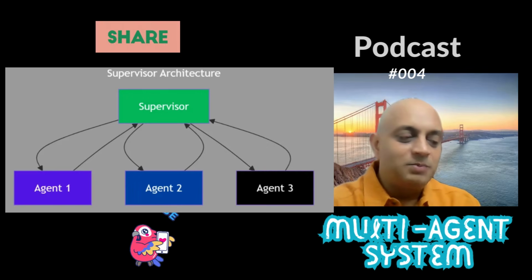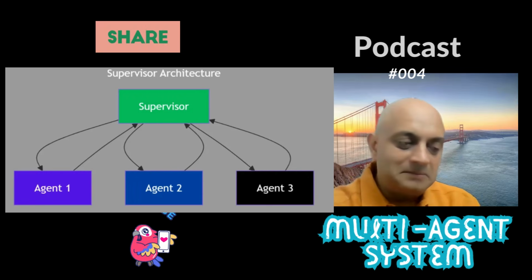It's like a project manager in an office setting. Yes. As in a software project, we have one project manager, and there are many other people who work with the project manager, and the project manager's primary responsibility is to divide the tasks among the other members of the team.